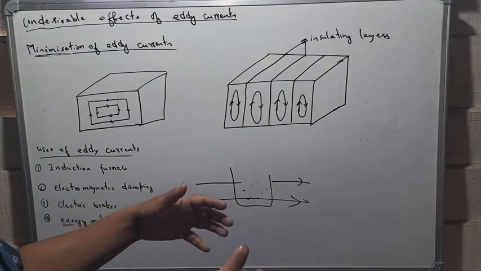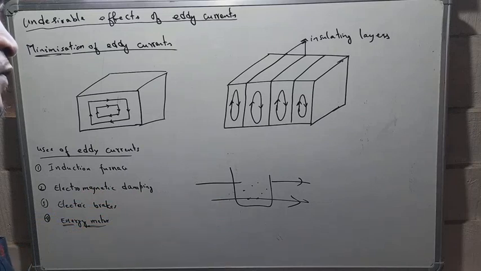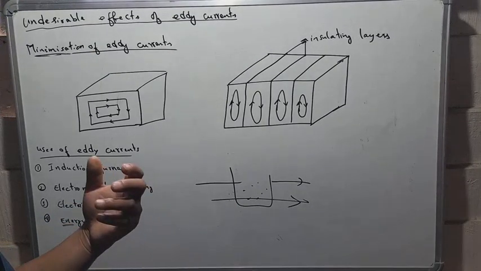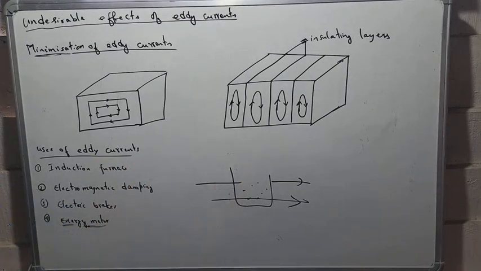Because of this changing magnetic field, the magnetic flux will change. This changing magnetic flux in turn will induce eddy current in the metal. The eddy current will produce heat in each of these metals, and the heat is so large that it can even melt the metal, and as a result we will get an alloy. So this is the first application of eddy currents.